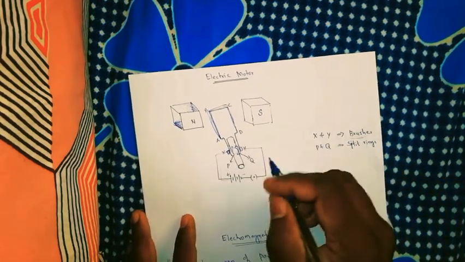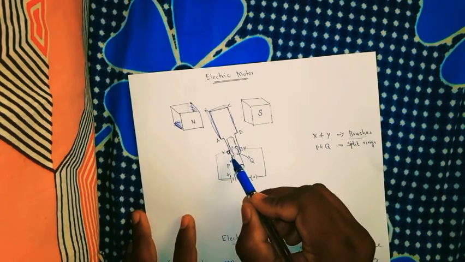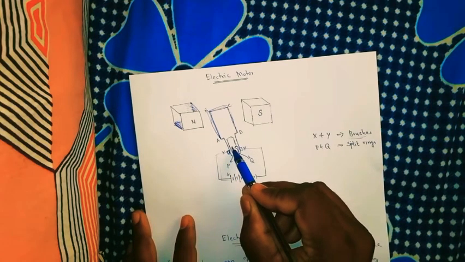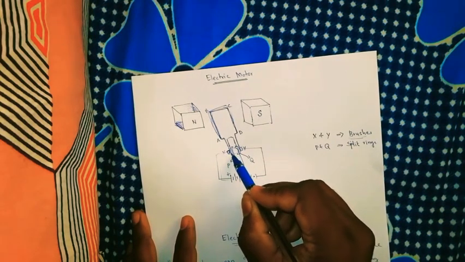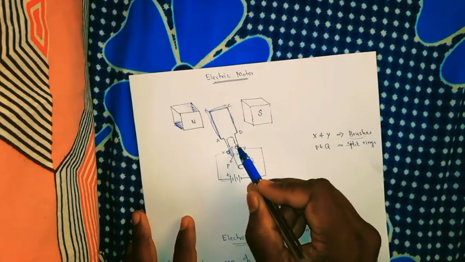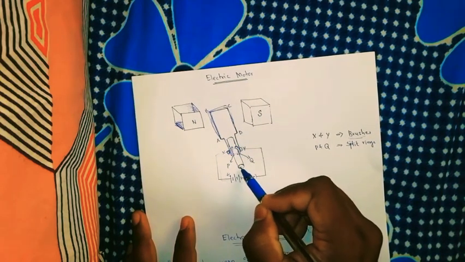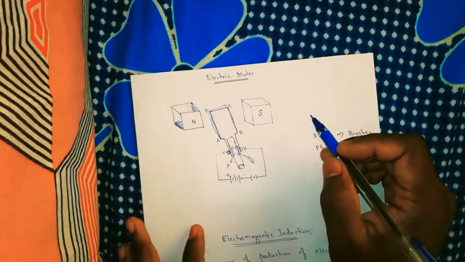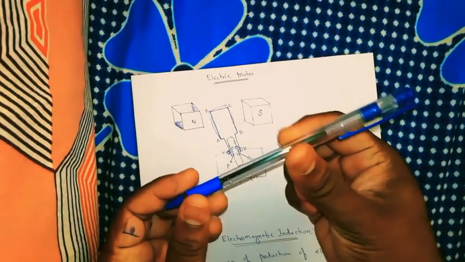Clear? And this brush is just touching the rings, and the ring is attached to the axle. You can take an example: this is an axle.